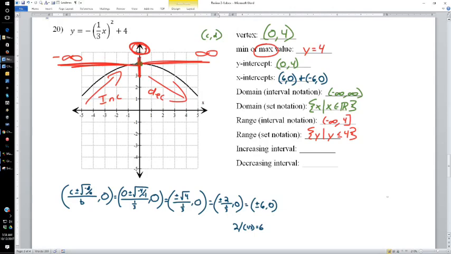So my increasing interval is from negative infinity to 0, and my decreasing interval is from 0 to positive infinity. Alright, that's where it is.